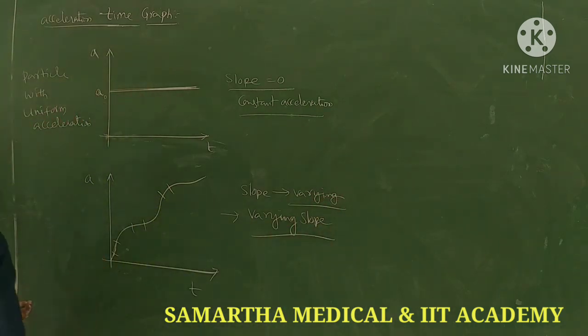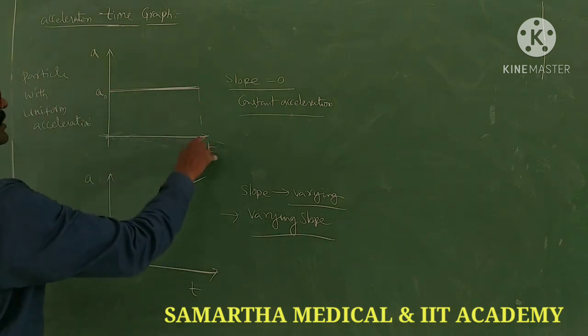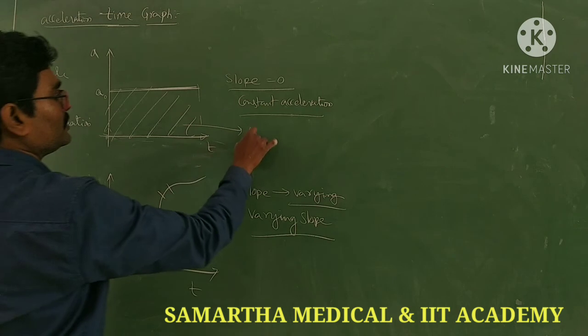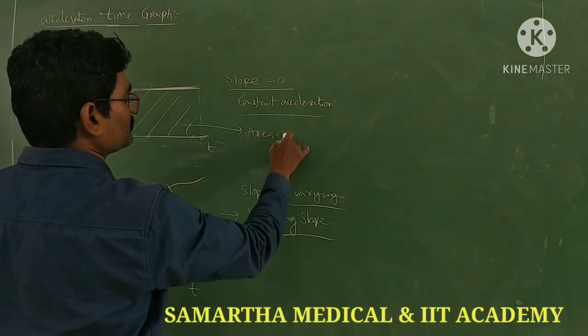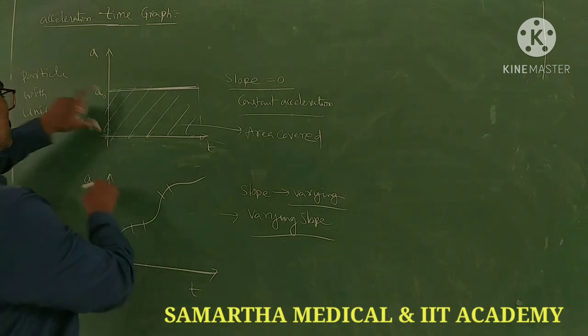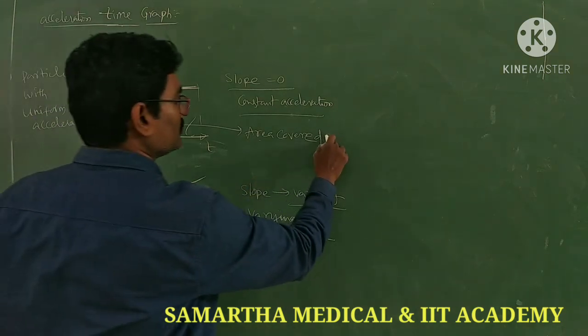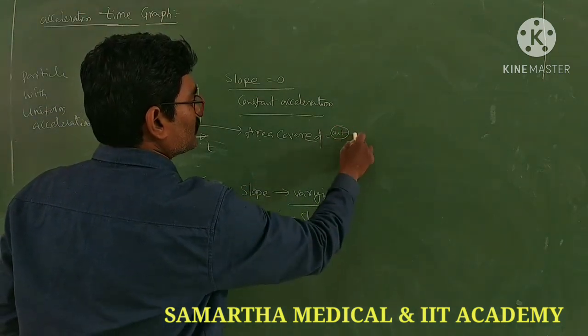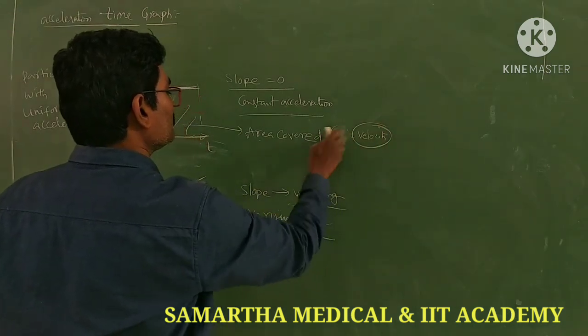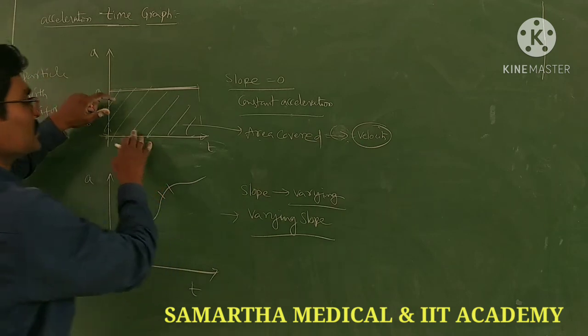See here, what is the area covered under this? The area covered is equal to the product of acceleration into time. That gives you velocity. So velocity is given by the area covered by this acceleration time curve.